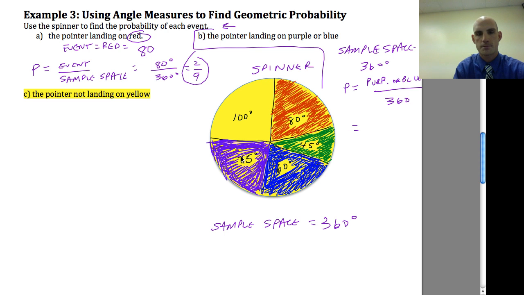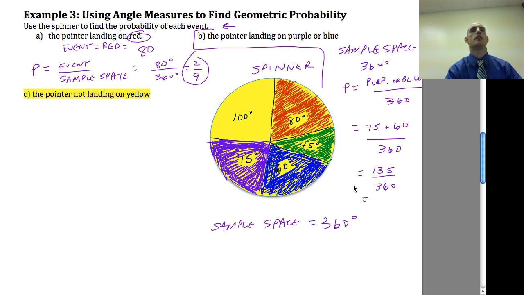Well, purple is 75, blue is 60, and that's over 360. So that's going to give me 135 over 360. And that's going to give me what I want. When I reduce that fraction, I end up with 3 over 8 for my probability. What I want over the total number of outcomes is geometric probability. That's how simple it is.